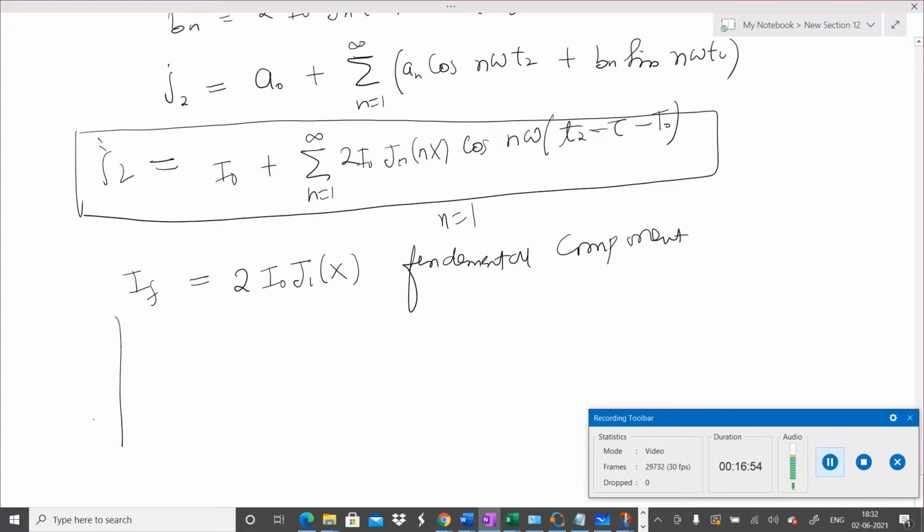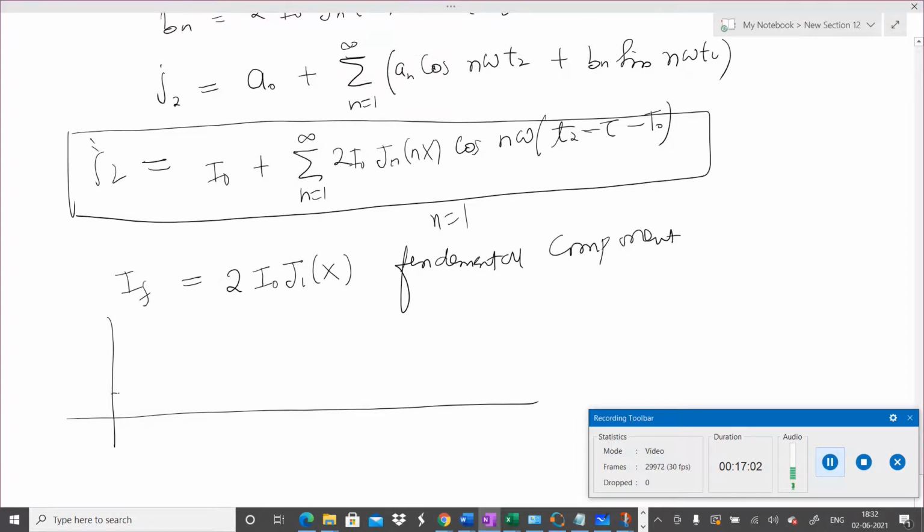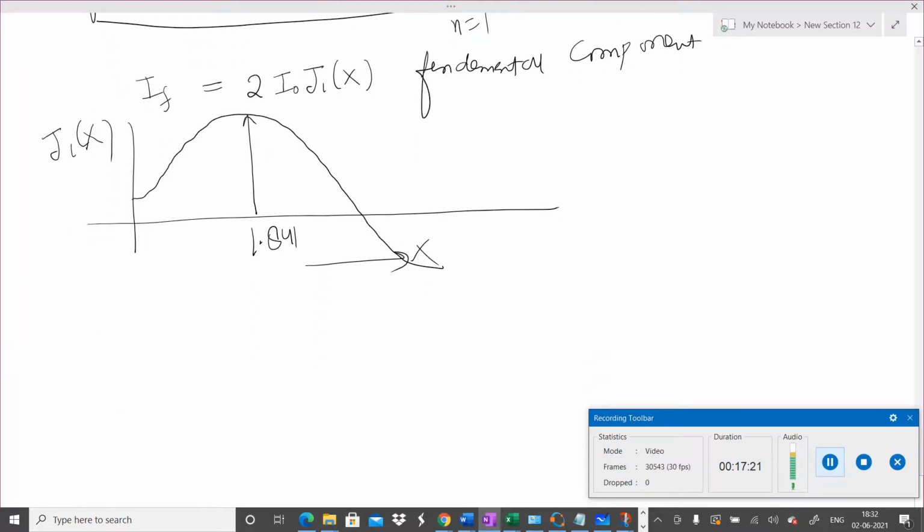If you plot the Bessel function for n equal to 1, that is J1 of x, it will be something like this, and its maximum value is computed numerically at 1.841. So this is your J1 of x, and this is its argument x. The fundamental component of this current has maximum value at x equal to 1.841.